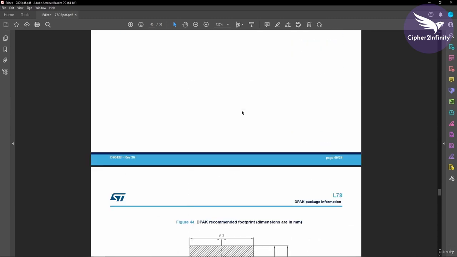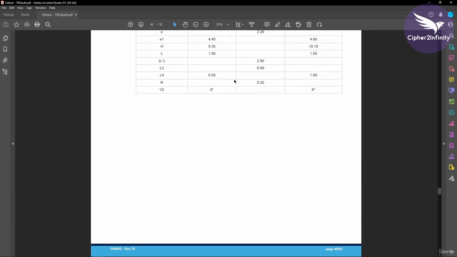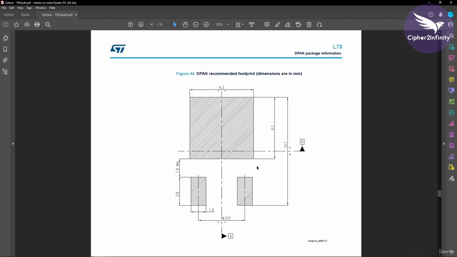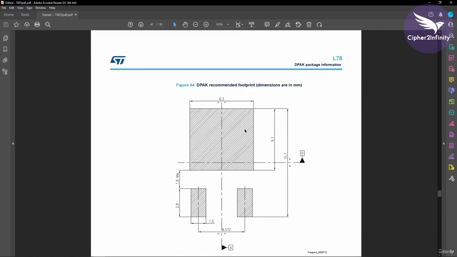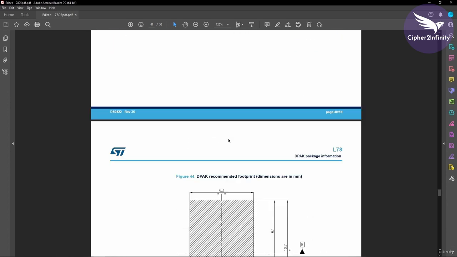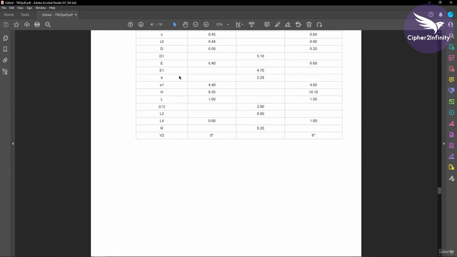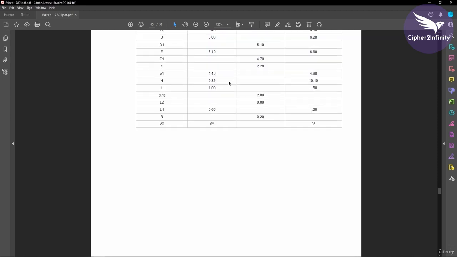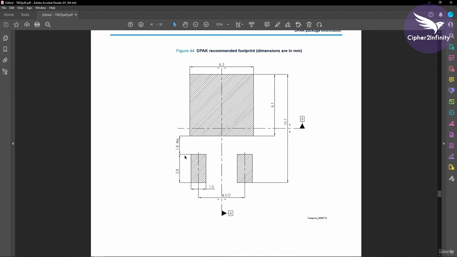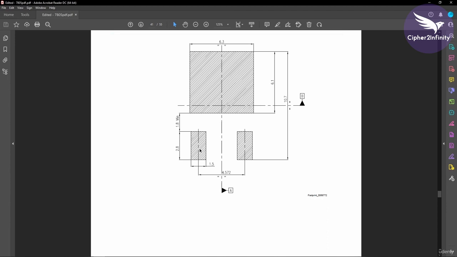You have to enter the package related information, you don't have to enter the footprint related information. Eagle will automatically generate the footprint of this dimension, and you will notice that the dimension of the package will be different from the dimension of the footprint. The footprint is going to be a little bit bigger compared to the package of the IC, and that's obvious, because only then will we be able to solder that IC properly on the footprint, right?